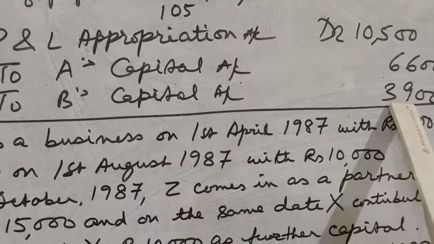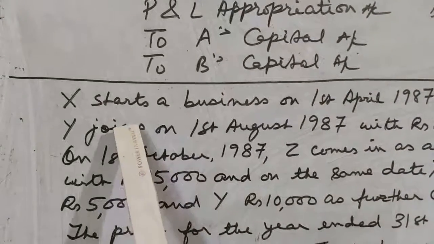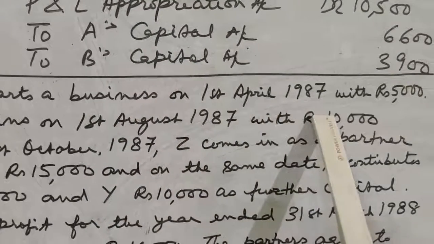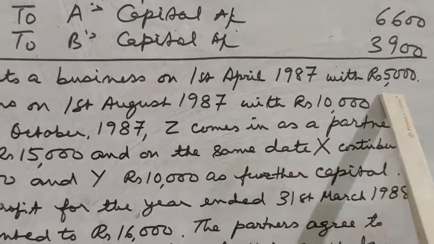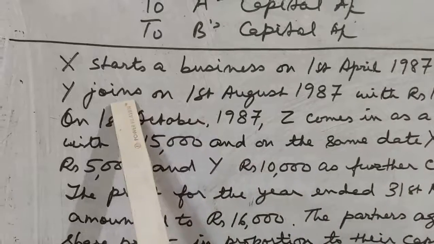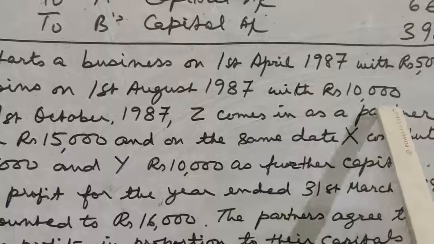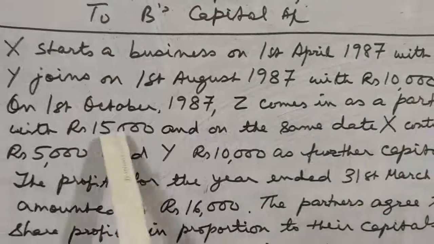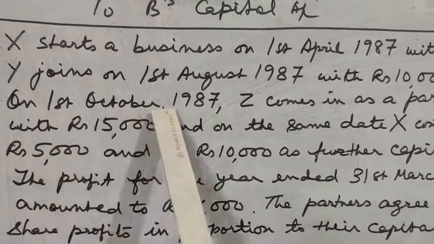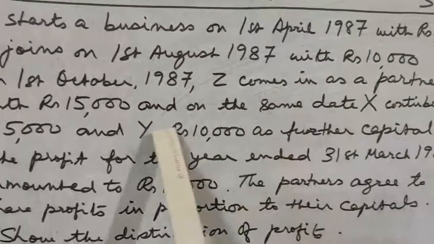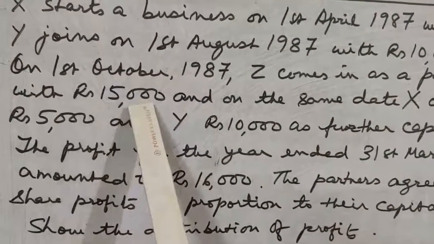Now, let us look at another question. X starts a business on 1st April 1987 with rupees 5,000. Y joins on 1st August 1987 with rupees 10,000. On 1st October 1987, Z comes in as a partner with rupees 15,000.